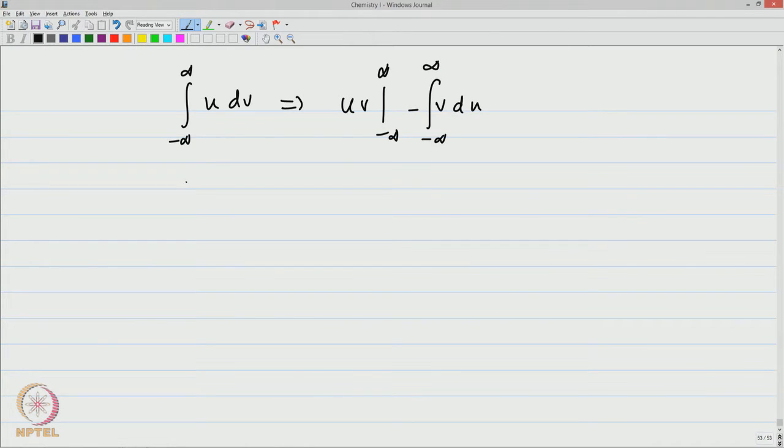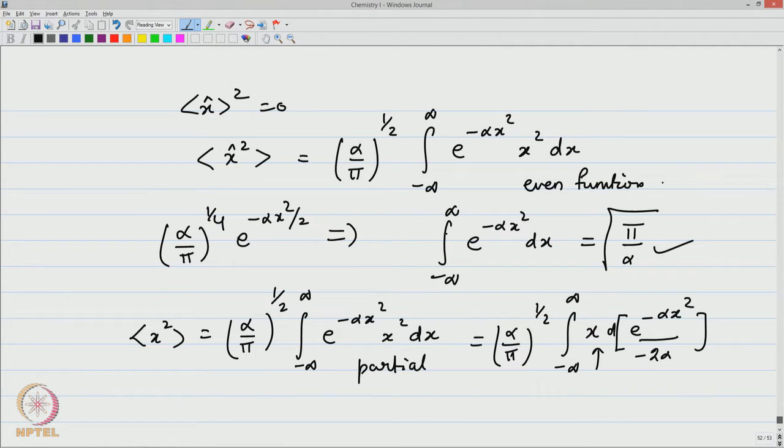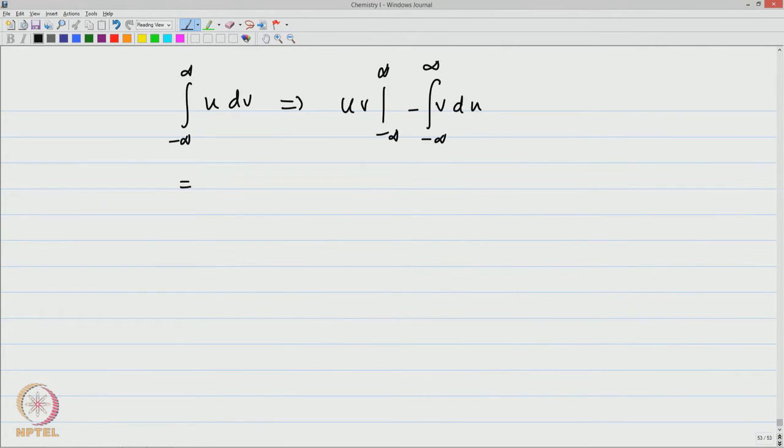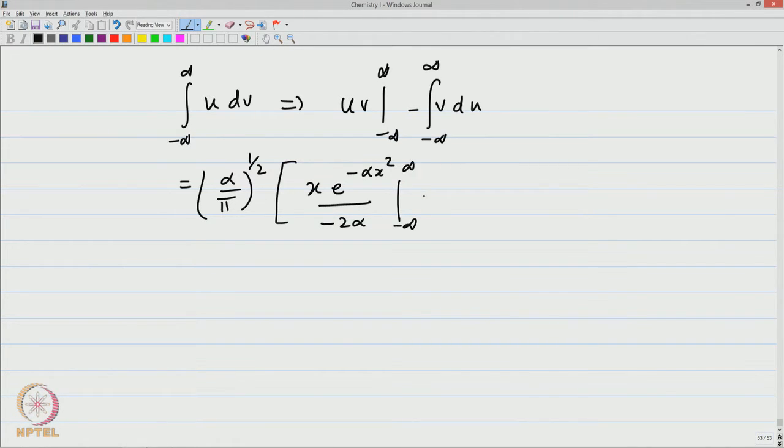So, if you have to write that, it is alpha by pi to the 1 by 2, you have x e to the minus alpha x square by minus 2 alpha between the limits minus infinity to plus infinity, plus 1 by 2 alpha integral e to the minus alpha x square dx, which is that.